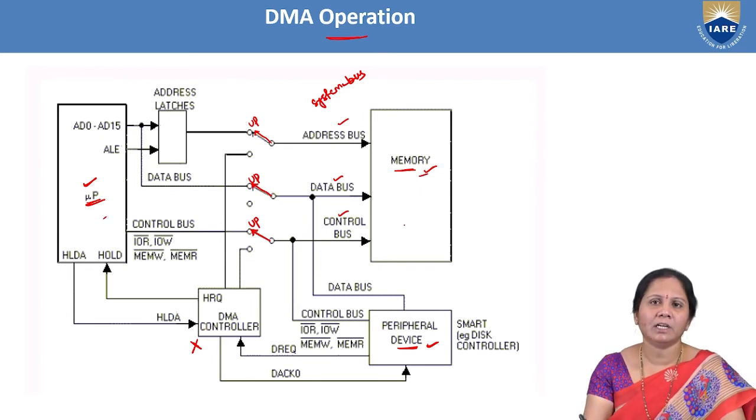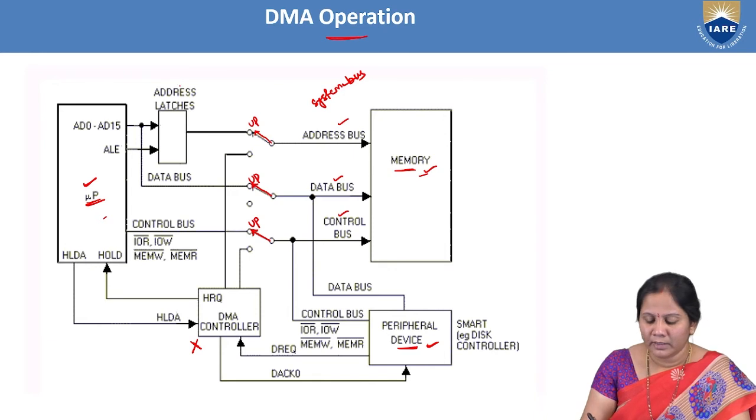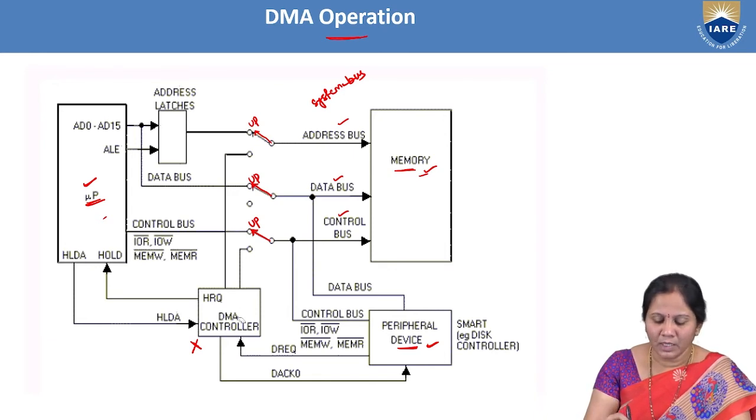This is how the data transfer will be performed if the DMA controller is not involved. Since every time it has to ask the microprocessor for data transfer, the data rate will be slow.